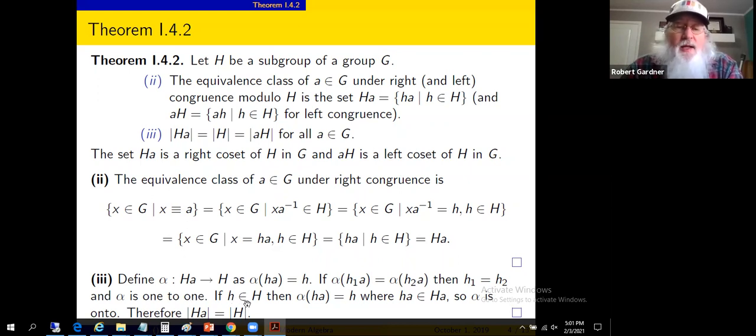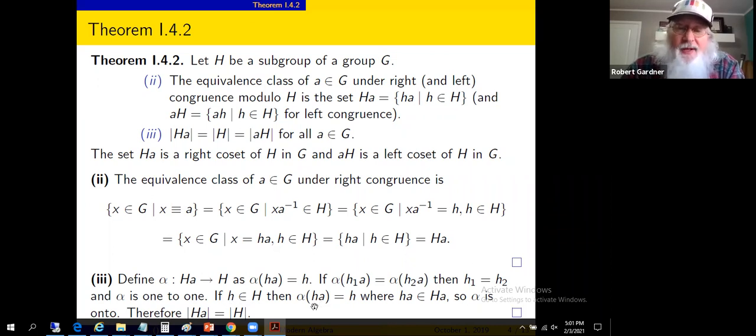Take an arbitrary element of subgroup capital H. What element of the coset, what element of HA, will you map to that subgroup element to get out this lowercase h?